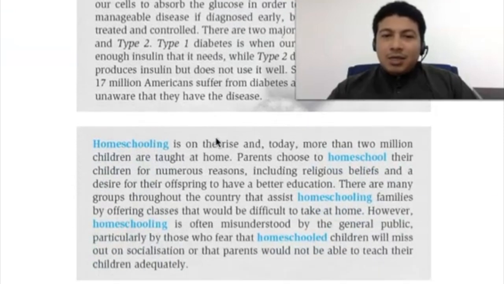And the stated main idea of this paragraph is that homeschooling is on the rise and today more than 2 million children are taught at home. Or you can also use your own words. You can say the stated main idea is homeschooling is getting more and more popular nowadays. So the topic is homeschooling and the stated main idea is homeschooling is getting more and more popular nowadays.